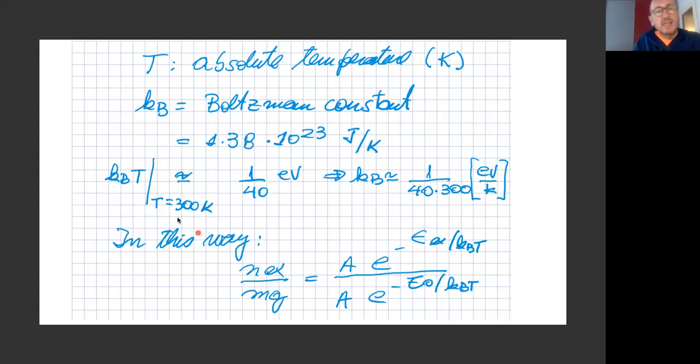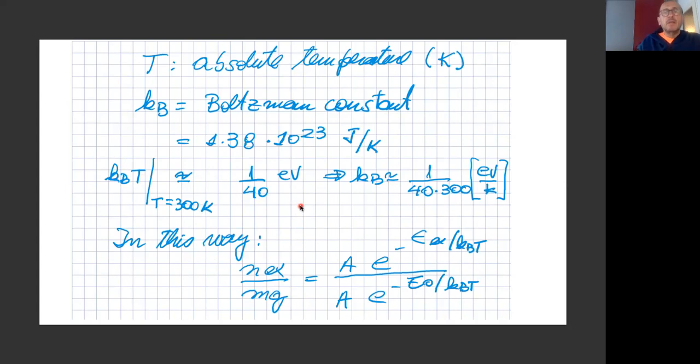So keep that in mind. The multiplication of the Boltzmann constant times the temperature when the temperature is 300 Kelvin is equal to 1/40th of an electron volt. That's a pretty low number compared to what we know about visible photons.